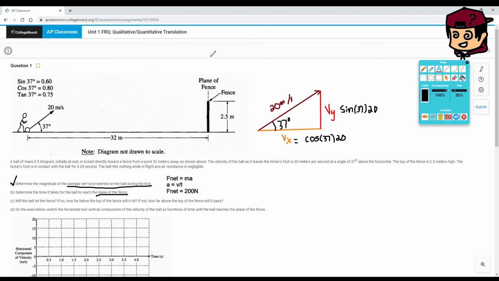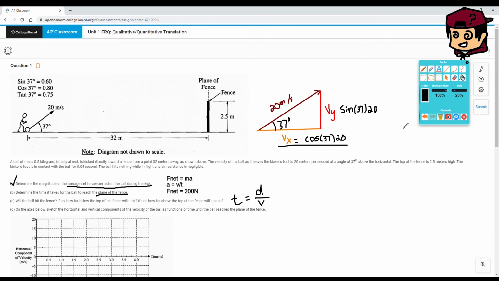Determine the time it takes for the ball to reach the plane of the fence. So right here. It doesn't matter how high it goes as long as it reaches right there. Okay, cool. Well, for this, we need to know our velocity x, right? Which we do up here. We already determined that. It makes life so much easier. And we know that time equals distance over velocity.